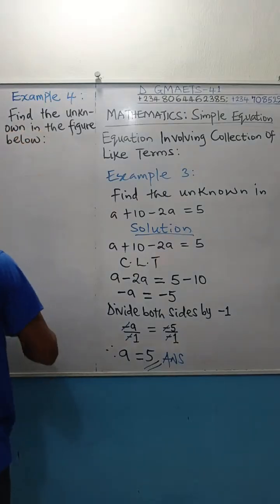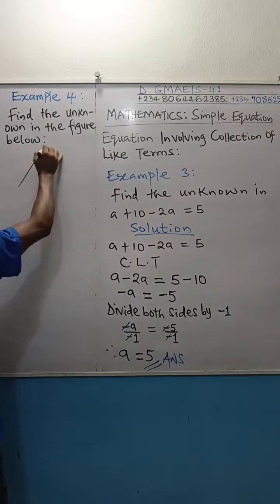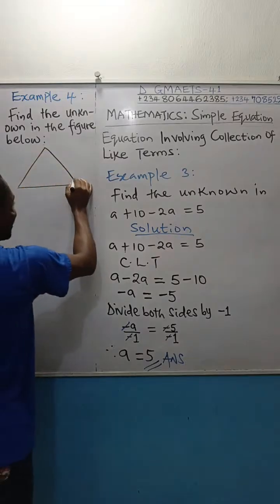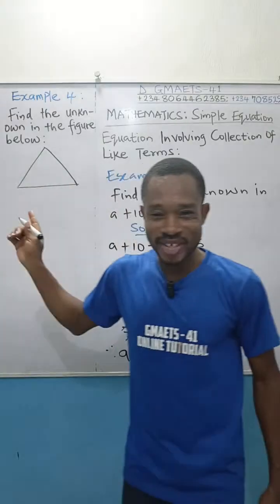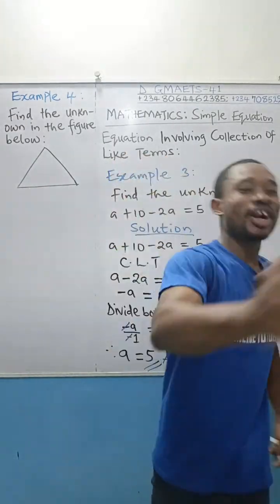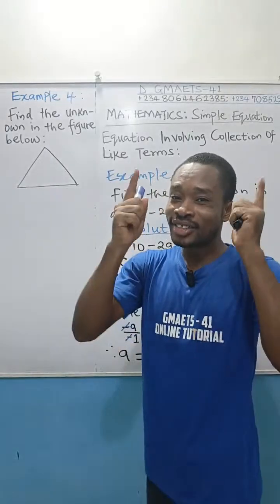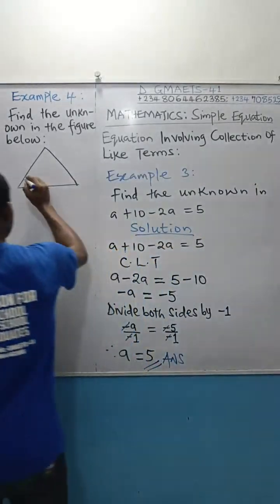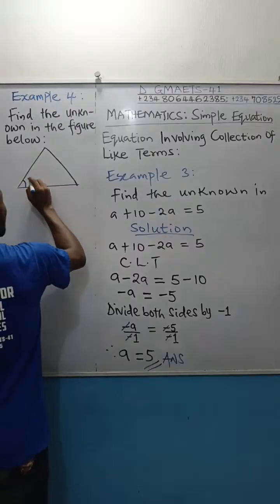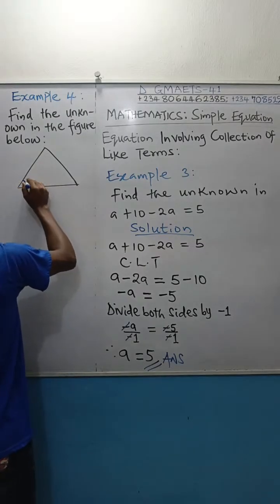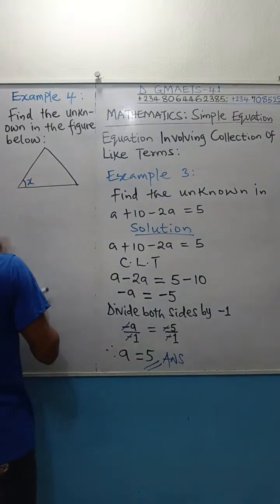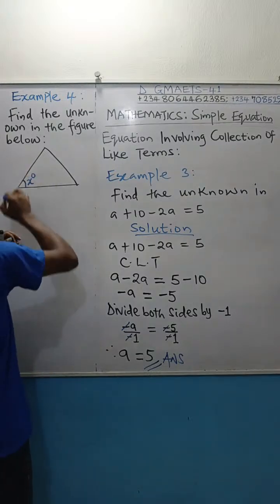Let's see what the figure is. This is interesting. Which shape is this? Triangle. Now watch. We want to find the unknown in this triangle. So here, let me say the unknown is x. So this angle here is x degrees.